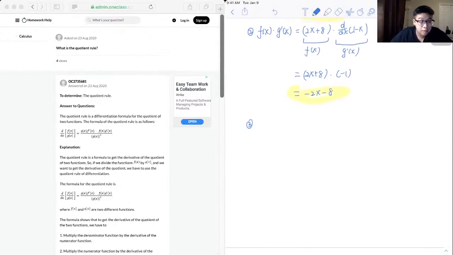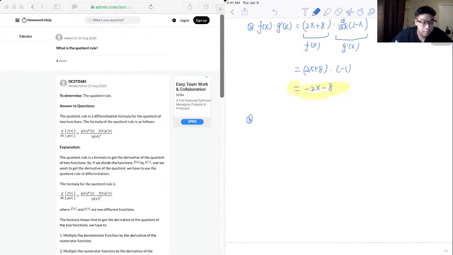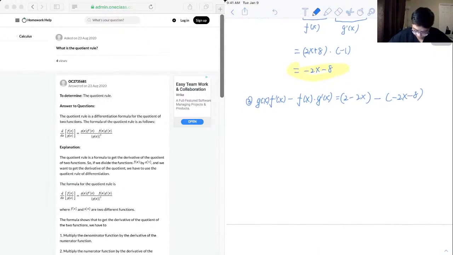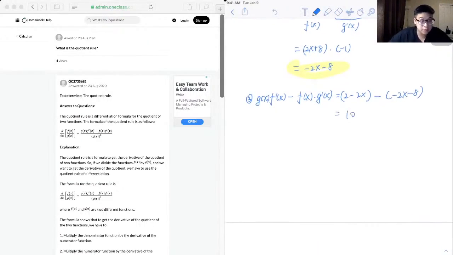Great. So following the third step, we need to subtract the answer in step 2 from the answer in step 1, which are these two. So it's going to be g(x) times the derivative of f(x) minus f(x) times the derivative of g(x), which is 2 minus 2x minus negative 2x minus 8, which is equal to 10 after the calculation.